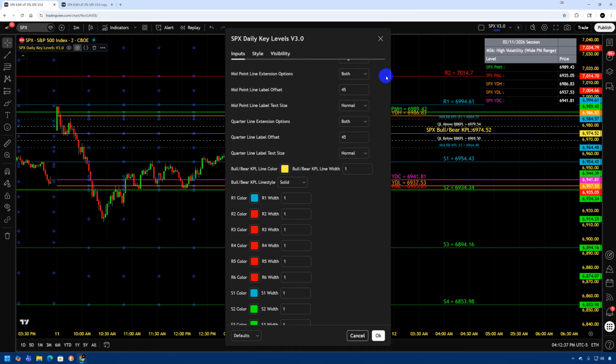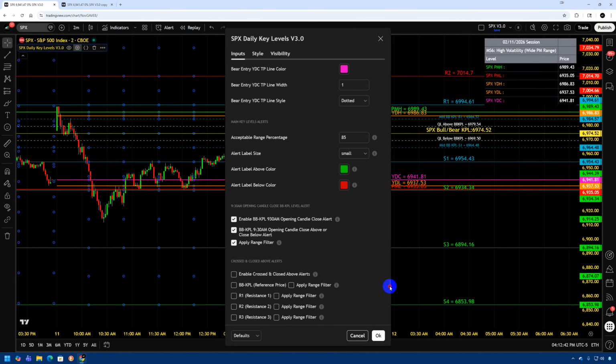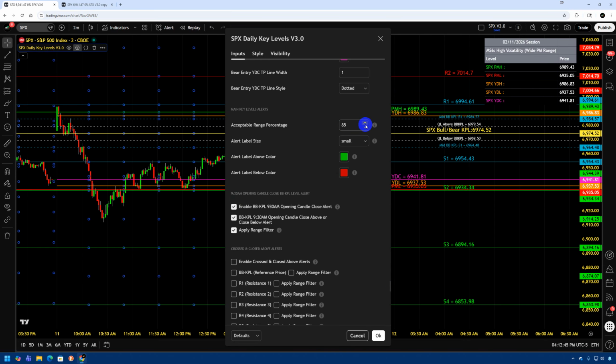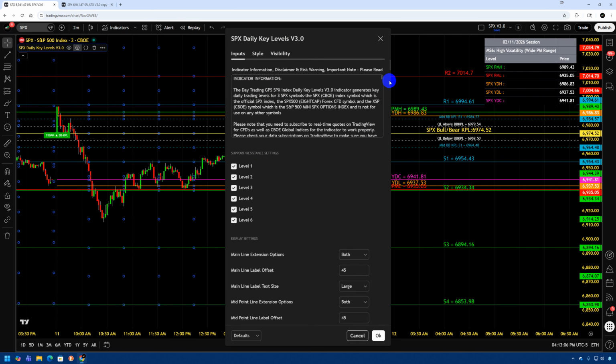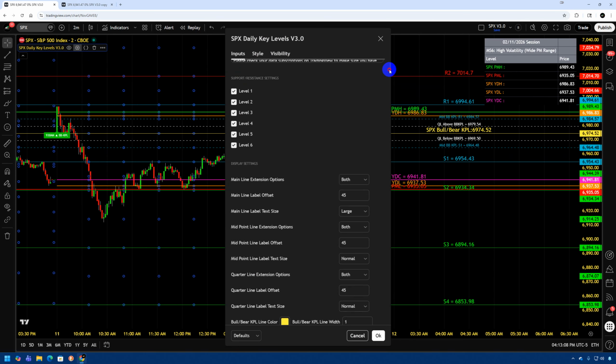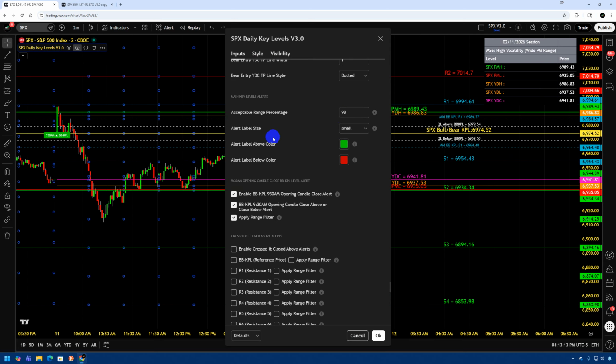But let's go ahead and we'll turn on the alert, and we'll put it at a higher level just so you can see what the label looks like. So we'll go to 95%, see if that works. Or let's just go all the way up to 98%. And as you can see here, now we have this alert label, which is alerting you to the fact that it did close at 98% or less.